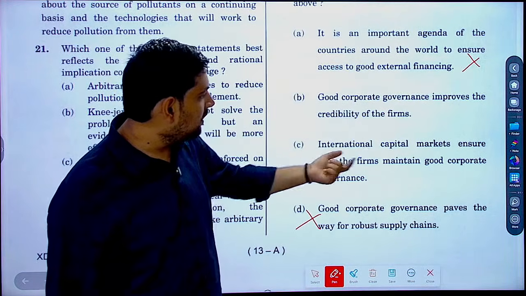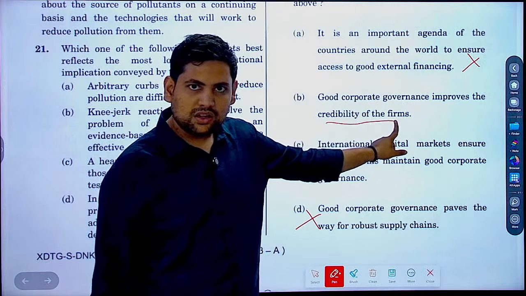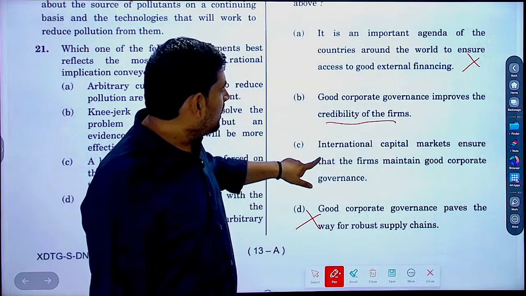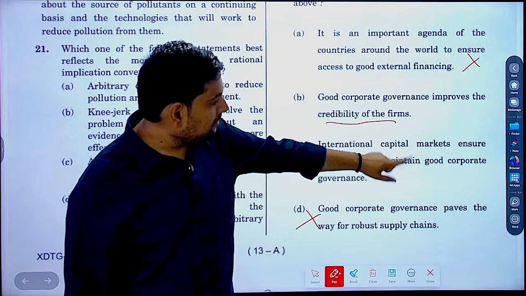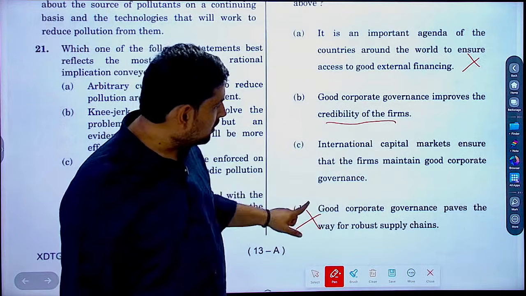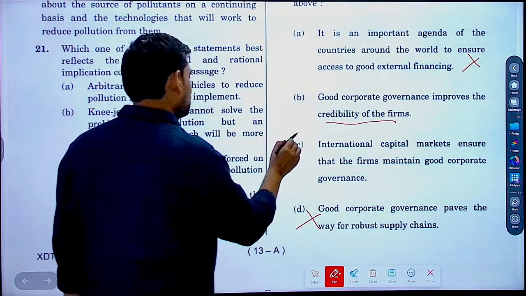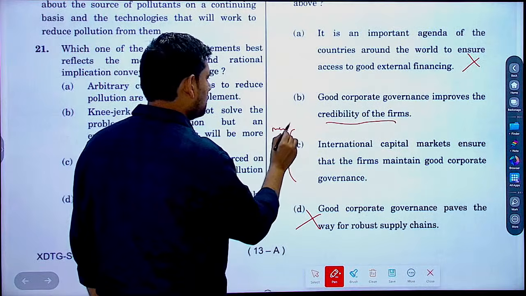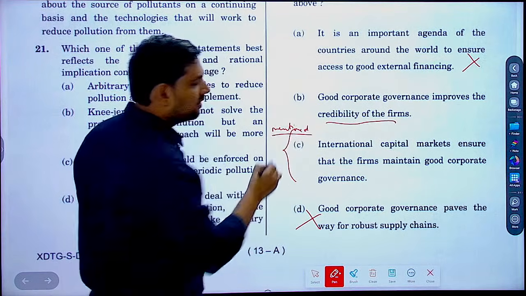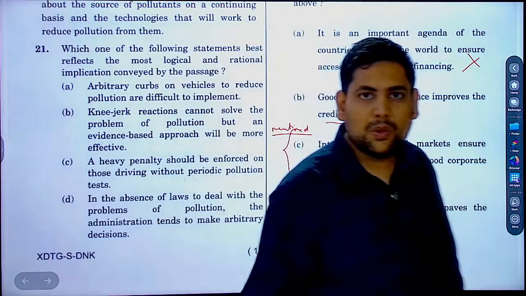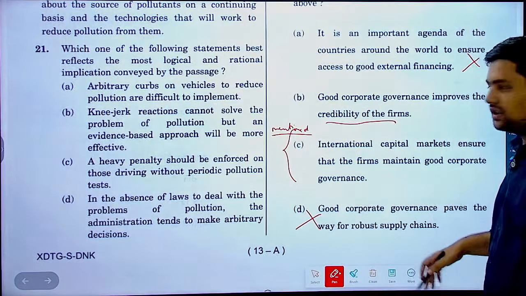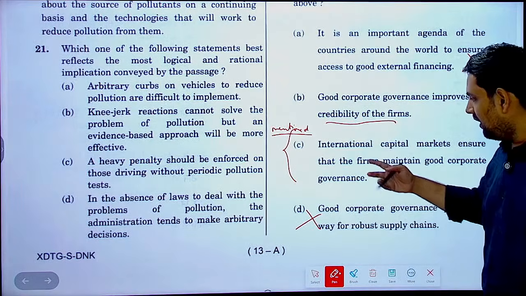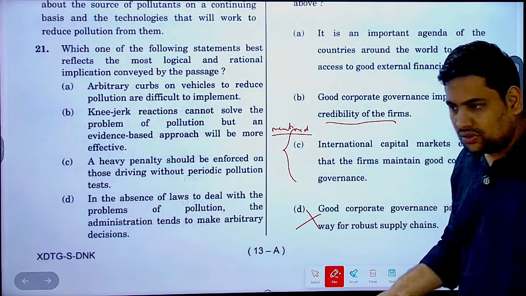That is, good corporate governance improves the credibility of the firm, or international capital markets ensure that the firms maintain good corporate governance. Actually this is mentioned in the passage, but more things are mentioned about good corporate governance. Why do international capital markets do this?